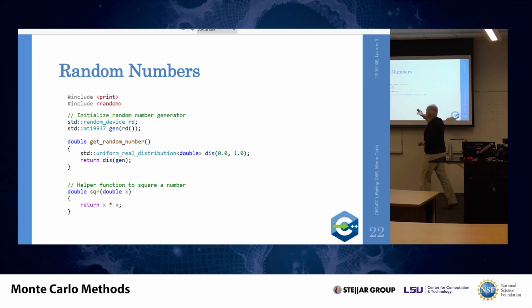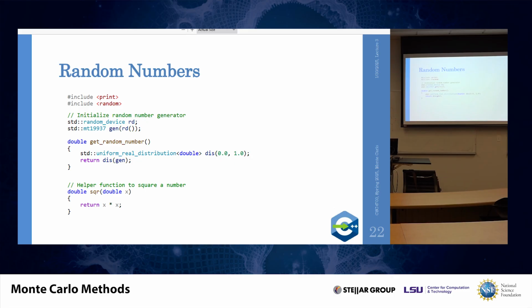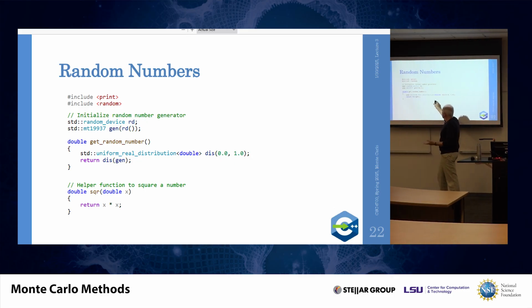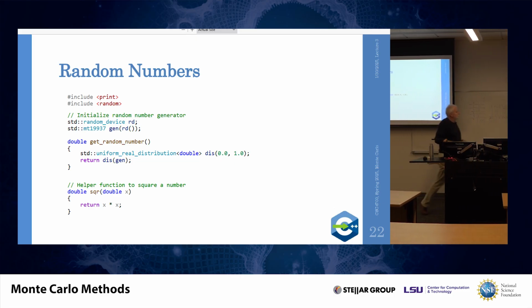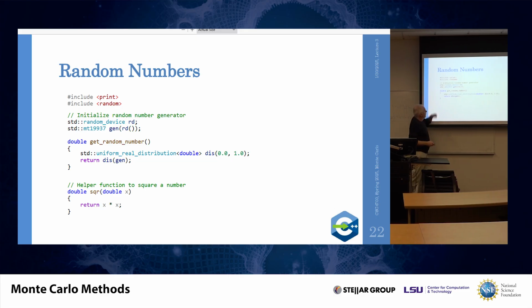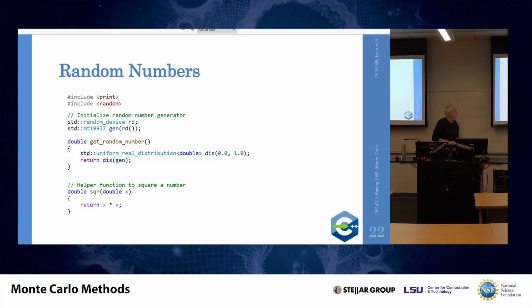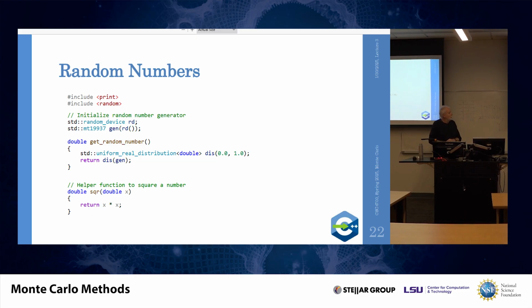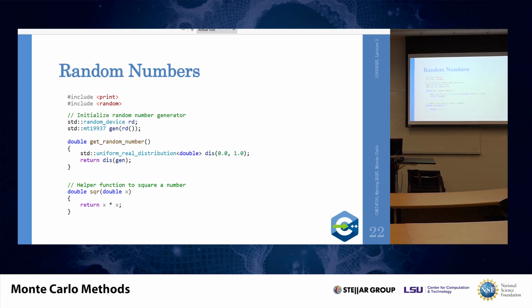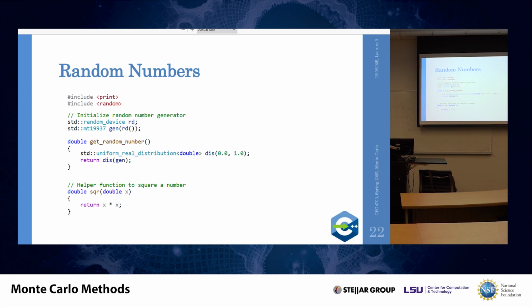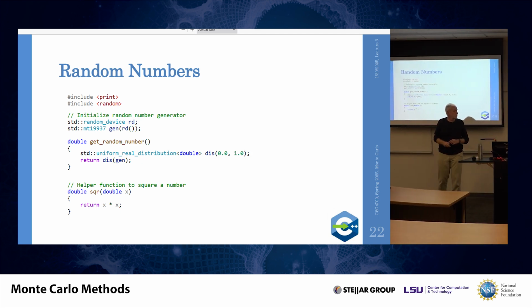What it does is produce a random number in the real floating point distribution between 0 and 1. Exactly what we want. And it returns it by using the generator that is defined in the global namespace. Just a helper function for simplicity to make the code more readable. Another helper squares the number it receives and returns it, so nothing special there.